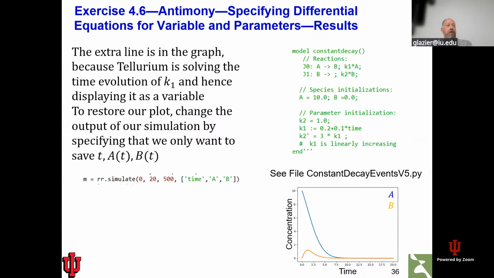So I could use, for example, in the simulate, I could say only output A and B. So try that, to select the columns to display. Did that work?